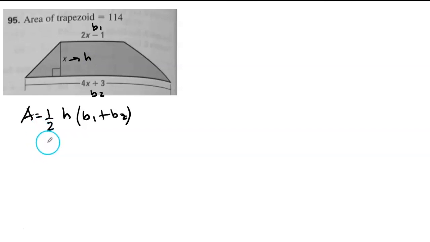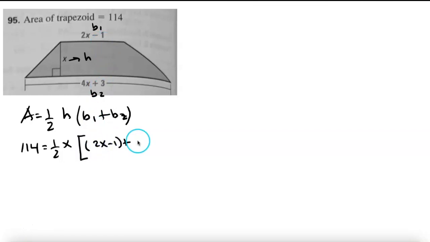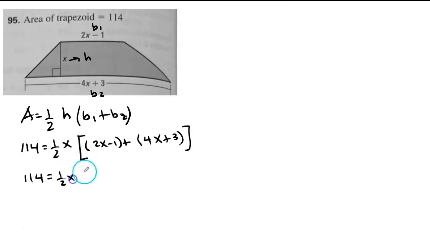All right, let's replace. Area 114 equals 1/2 of the height, which is x, times, let's put a bracket here, base 1, 2x minus 1, plus base 2, which is 4x plus 3. Let's do the math. So 114 equals 1/2 of x, and I have to combine whatever's on the inside: 2x plus 4x is 6x, negative 1 plus 3 is plus 2.